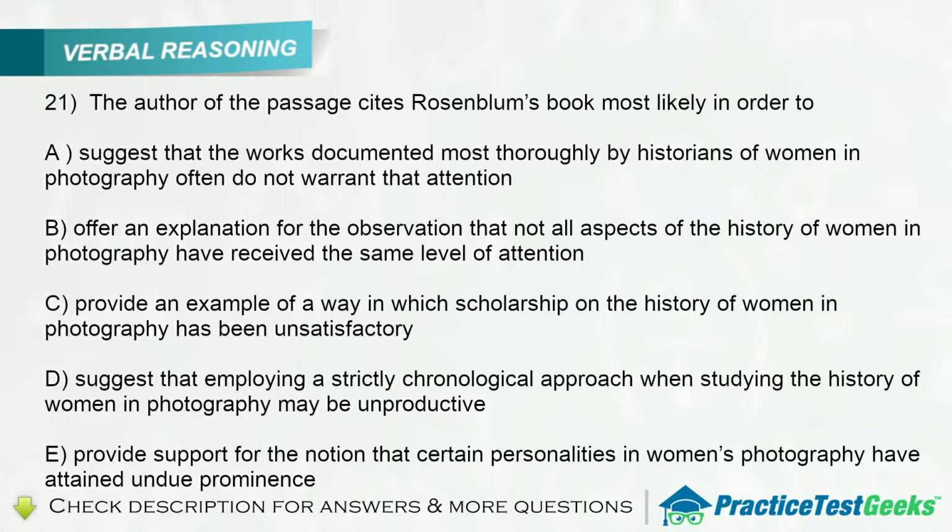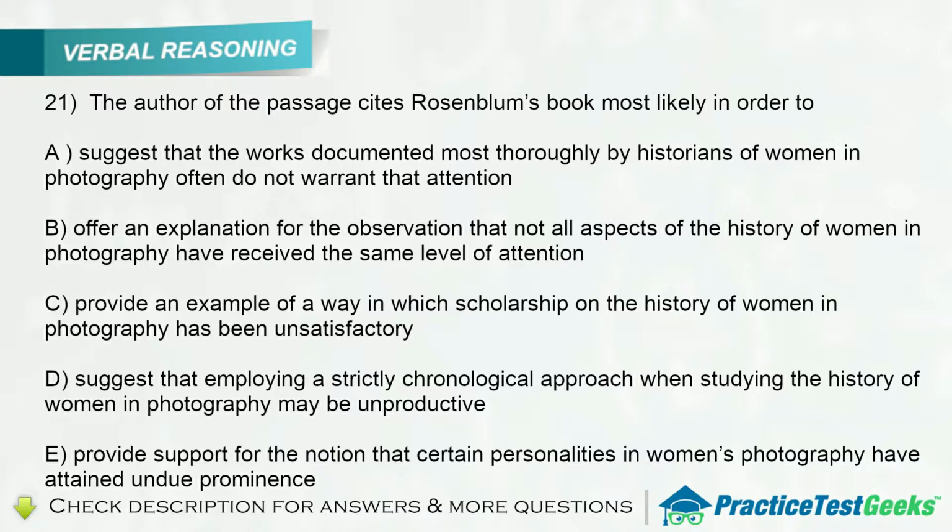Question 21. The author of the passage cites Rosenblum's book most likely in order to A. Suggest that the works documented most thoroughly by historians of women in photography often do not warrant that attention. B. Offer an explanation for the observation that not all aspects of the history of women in photography have received the same level of attention.